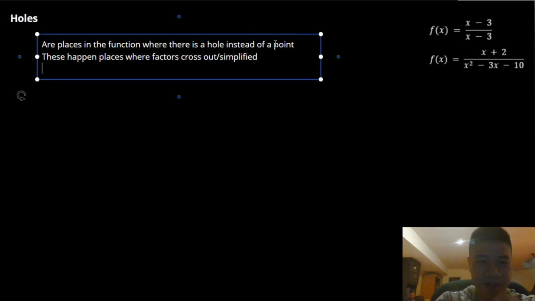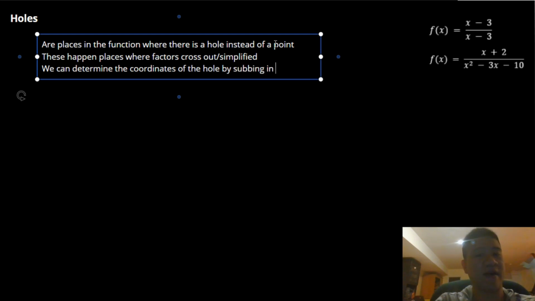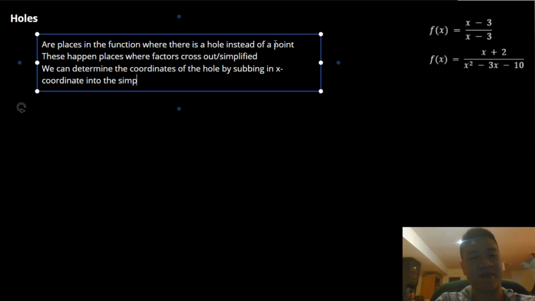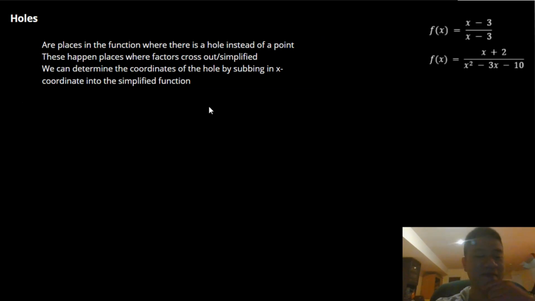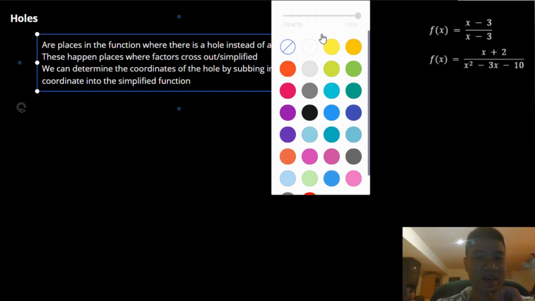And I guess the last point is we can determine the coordinates of the hole by subbing in the x coordinate into the simplified function. There you have it. That is what a hole is.